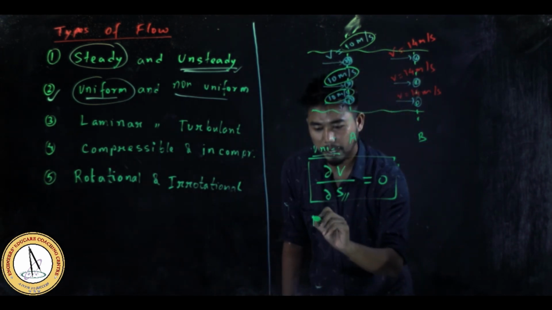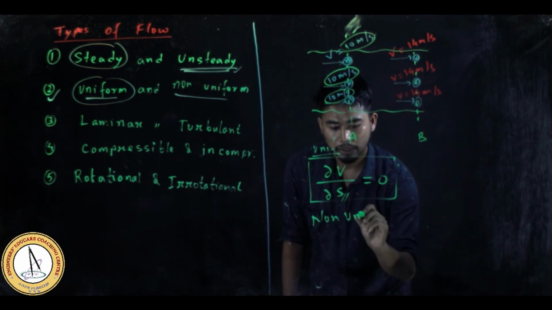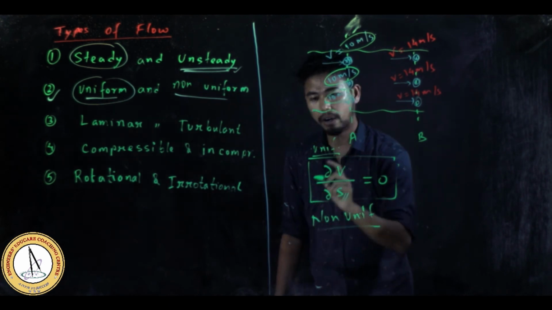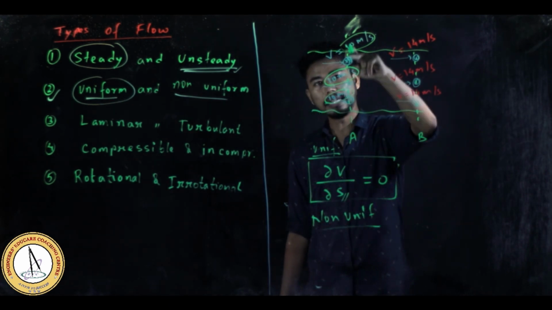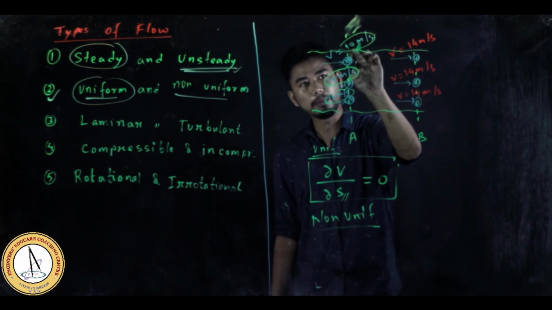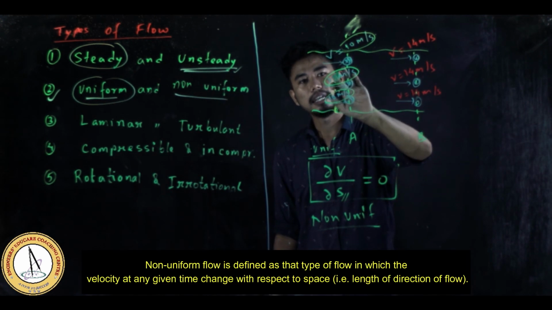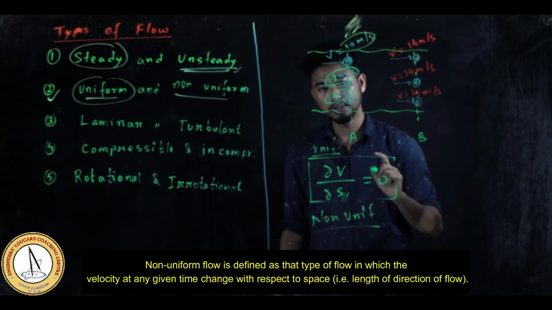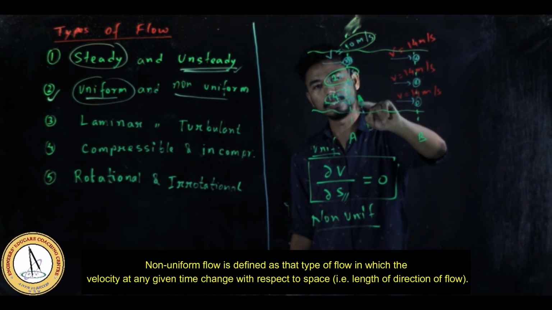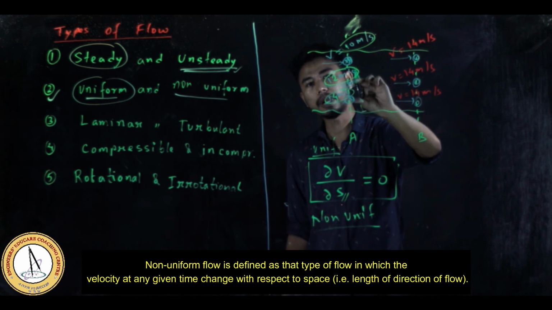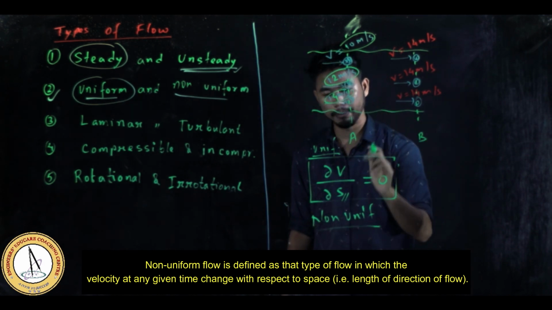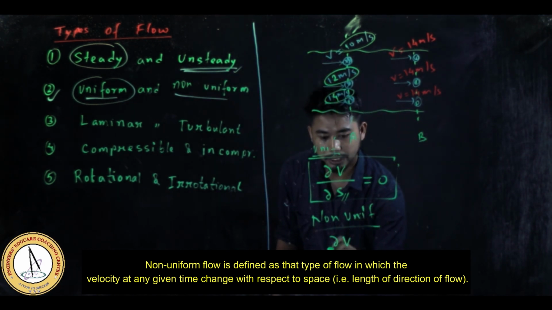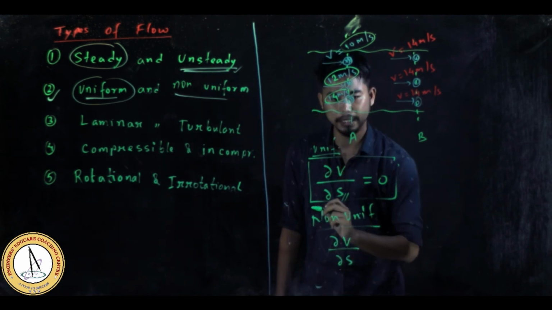Now when I am talking about non-uniform, it is simply the opposite of uniform. So let's say along the width, at one point it is 10 meter per second, at some other point, suppose, 12, at another point, suppose, 14. So along the width, the property changes, it is not the same. So the change in velocity with respect to space, is it 0?